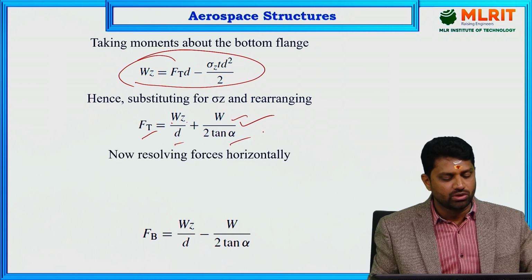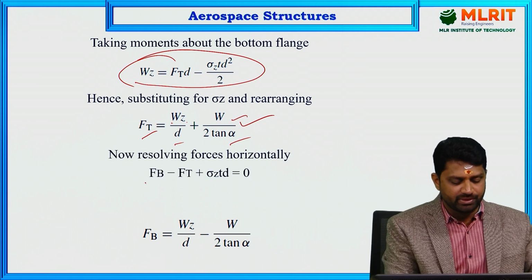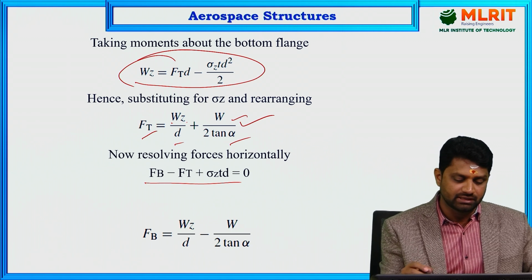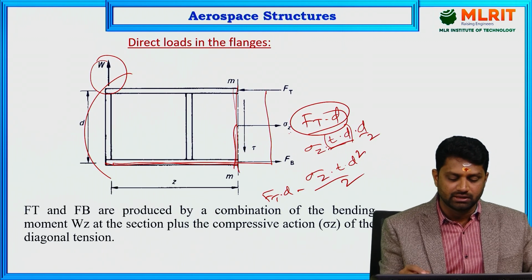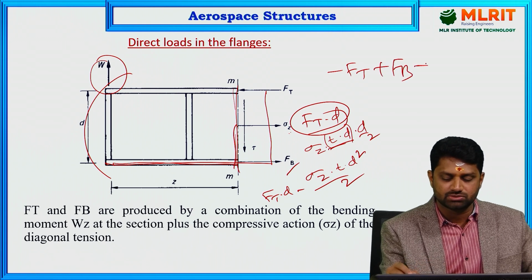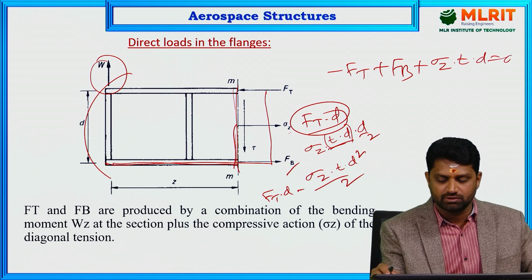Now if you resolve the forces horizontally, you get Fb minus Ft plus sigma Z into T D equal to 0. In the previous diagram, Ft acts as minus Ft, Fb as plus Fb, and sigma Z is in the right direction, so sigma Z into T into D equals 0.